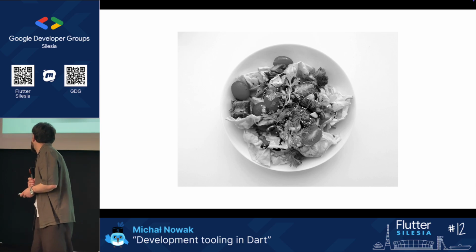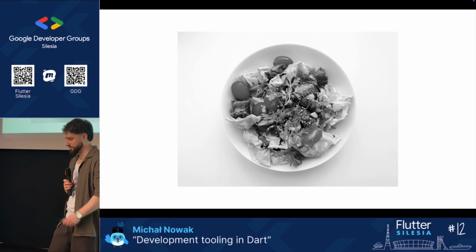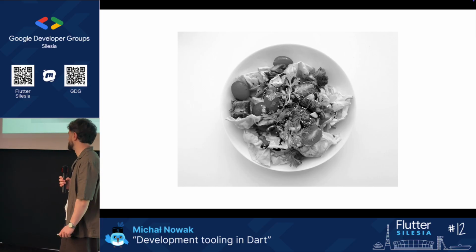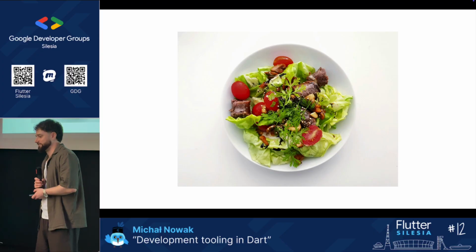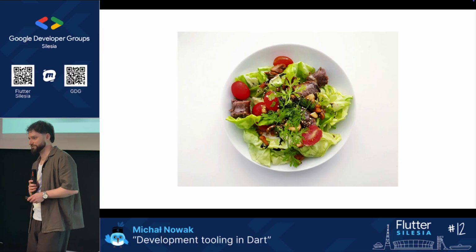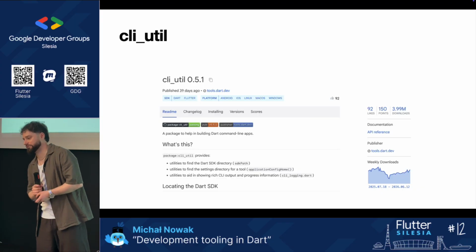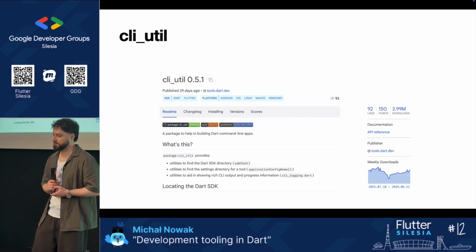So at the moment the script looks a bit bland. It's kind of like one color, just like this black and white salad. And it would be nice to make it a bit more colorful, to just add some colors to it. And we can do that with various packages, but there is an official one from Dart.